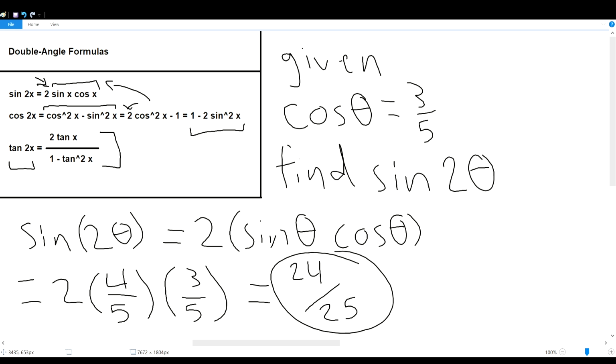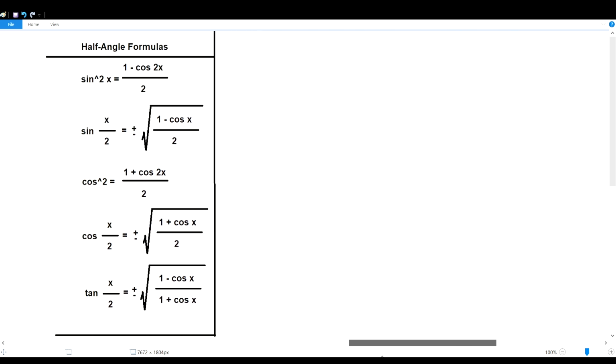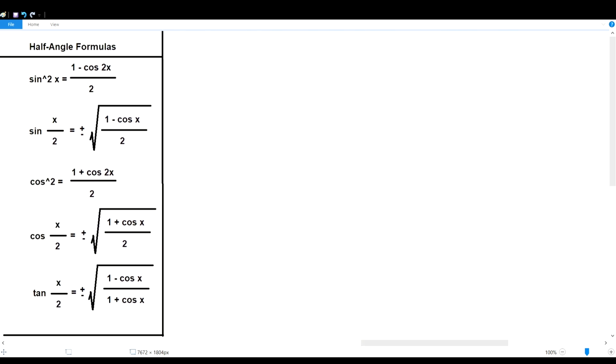So now let's do a couple things with the half angle formulas. So we've got sine squared of x is equal to 1 minus cosine 2x over 2. Sine x over 2 is equal to plus or minus the square root of 1 minus cosine x over 2.